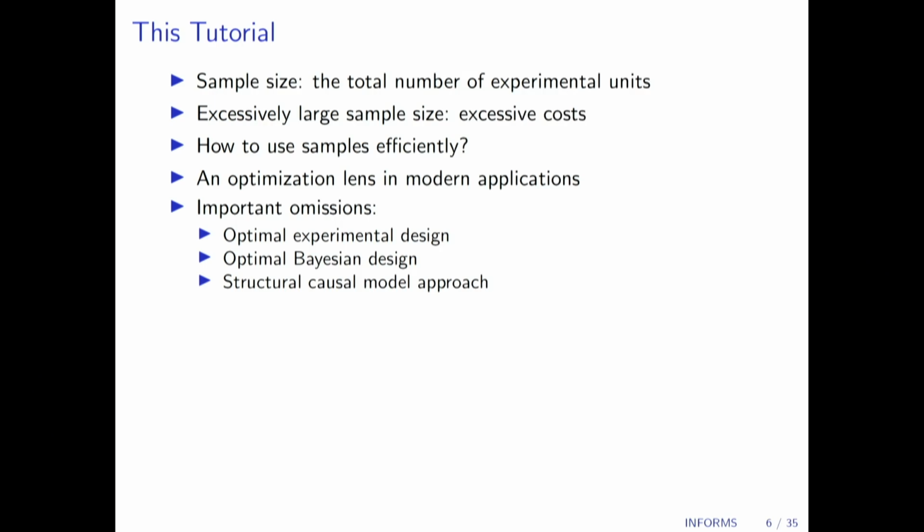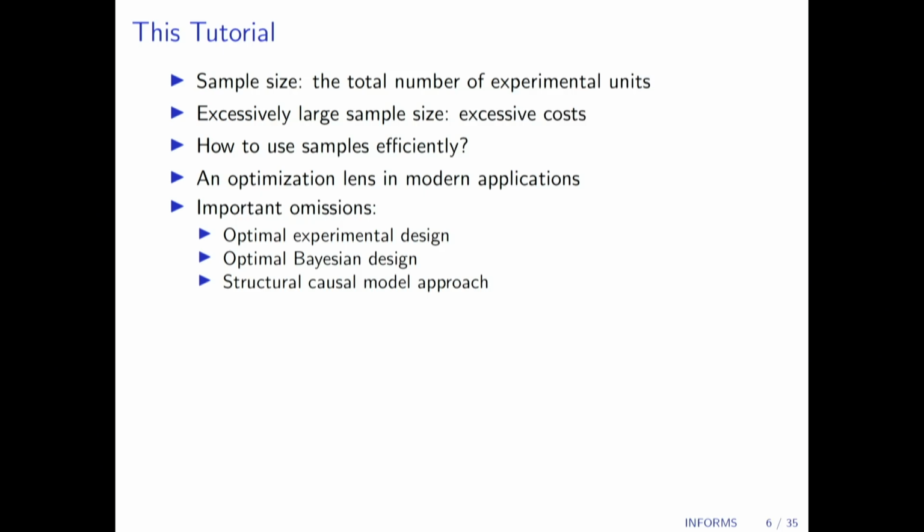One leading example would be the optimal experimental design literature, where people draw materials from statistics, optimization, and linear algebra to study what is the optimal experimental design, but not necessarily for the purpose of causal inference. I'm also omitting the important literature on optimal Bayesian design.